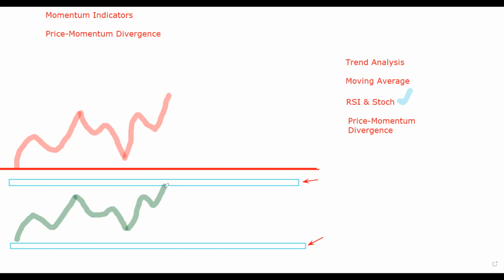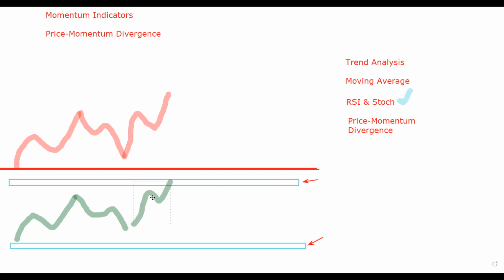Now, at the extreme level, whether at the overbought region or the oversold region, if the price makes a higher high there, you expect the momentum also to make a higher high. But there are sometimes that is not going to be the case. Sometimes what you're going to see is the price, of course, makes the higher high, like we have here.